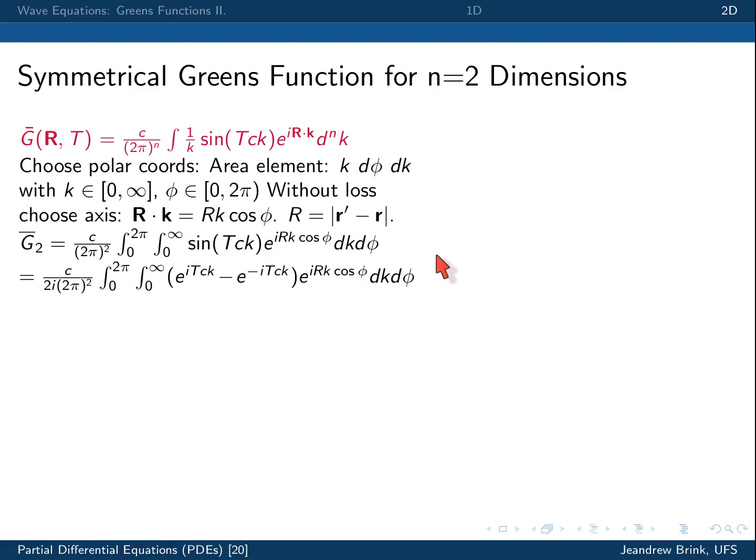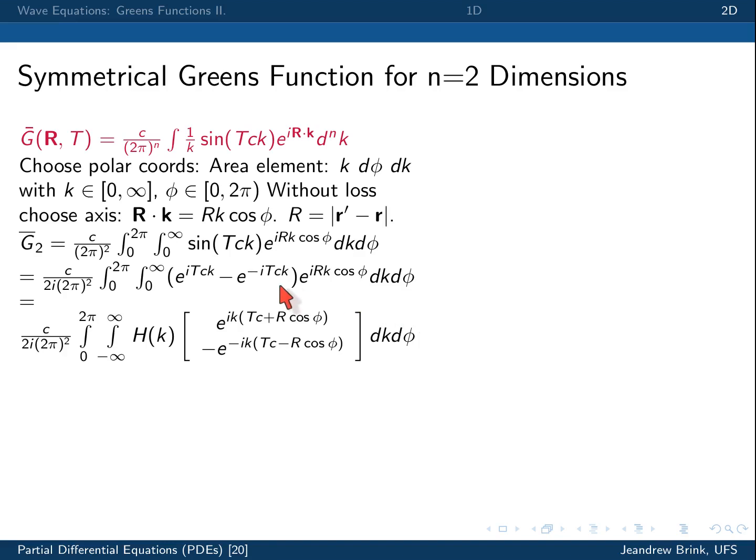Okay, so evaluating it once again leads us to Fourier transforms and complex integrals, but let's just go through the steps in detail. The first step is to write sine as a sum of exponentials, because we know how to integrate exponentials. Also, in order to write it like a Fourier transform, we want an integral from minus infinity to infinity. But because k is the norm of the k vector, this initial integral is just with k positive.